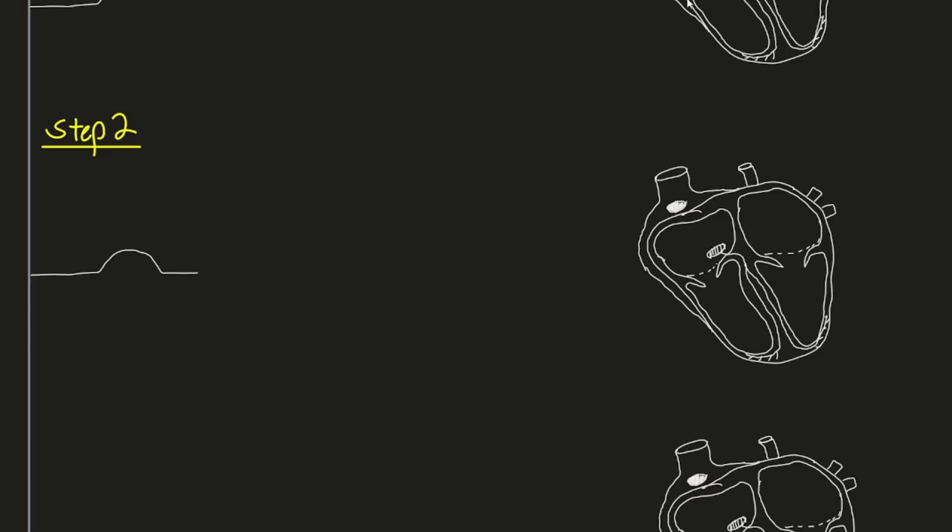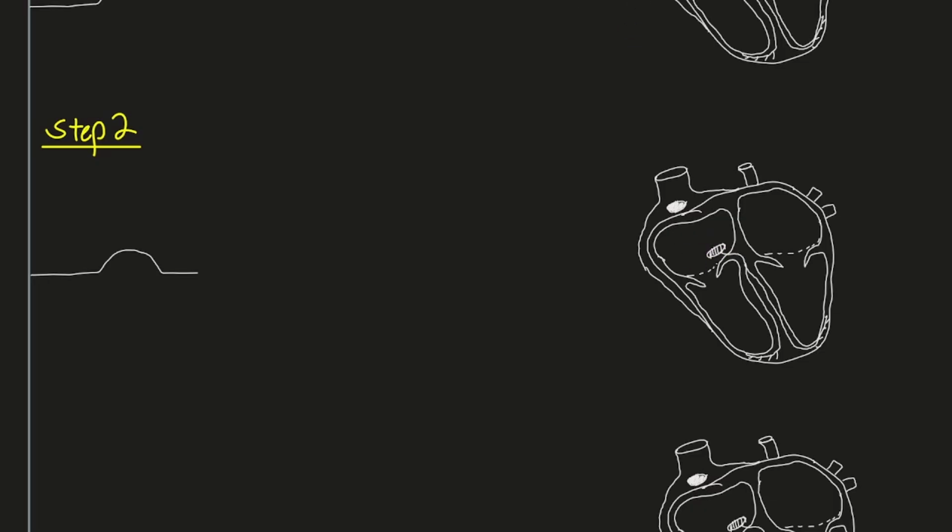So first, we're going to divert our attention from our SA node to our little node down here, which is our AV node, or atrioventricular node. Alongside this AV node, we're also looking at our AV bundle right here, which goes down the middle of our heart, the wall that's separating both our ventricles. Now our AV node, as you can see here, is in our right atrium.